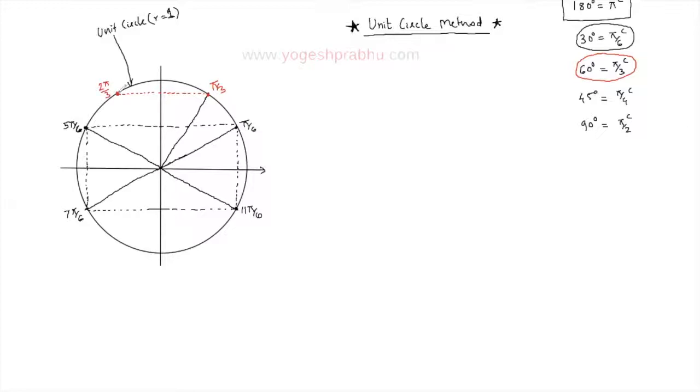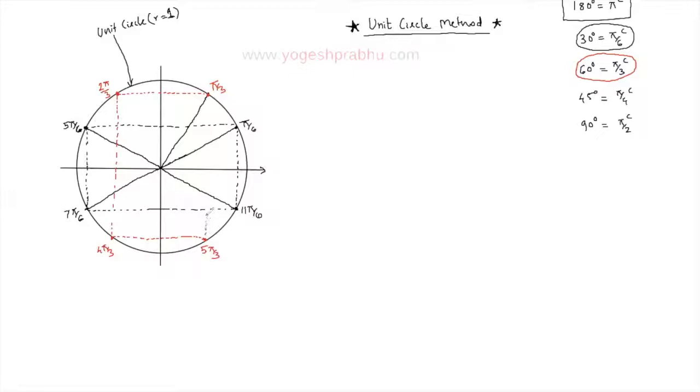Is this clear? So now just keep on doing that. Let me extend it like this. If I extend, this angle here is going to be 4 pi by 3. Now keep doing that and then you will reach here, and after 4 pi by 3, you can take 5 pi by 3, okay?